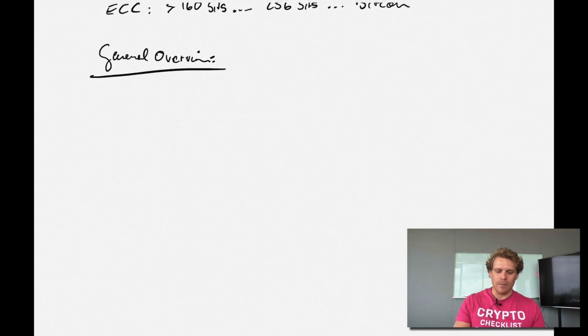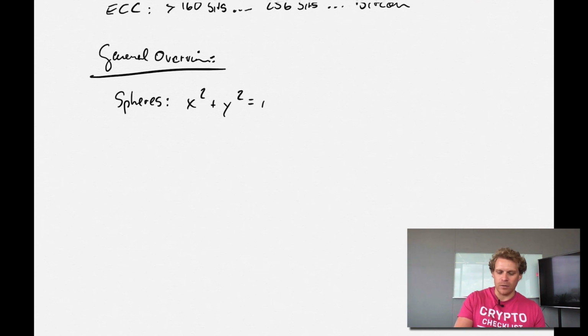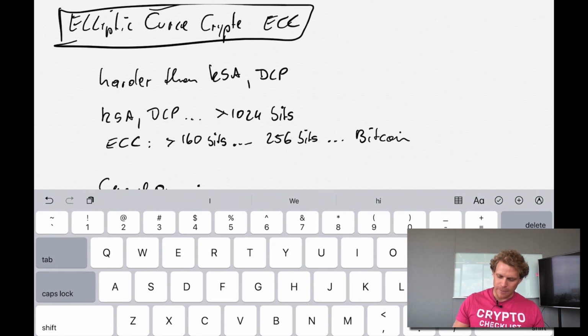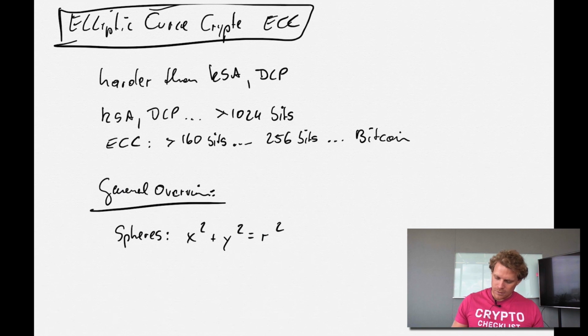When we talk about some basic geometrical shapes, we obviously have spheres. The formula for a sphere is actually quite straightforward: x squared plus y squared equals the radius. Sorry, that's a circle, not a sphere. Let's erase this here. Circle.